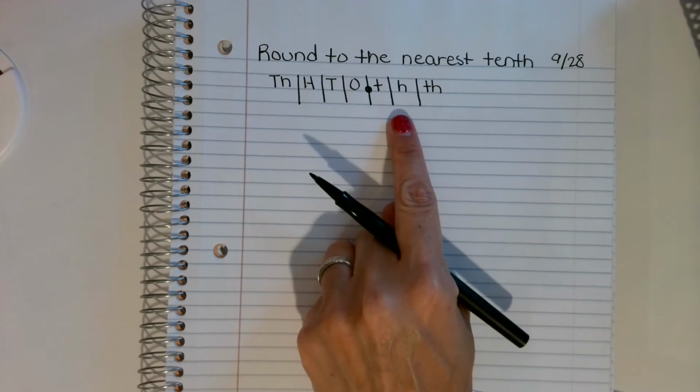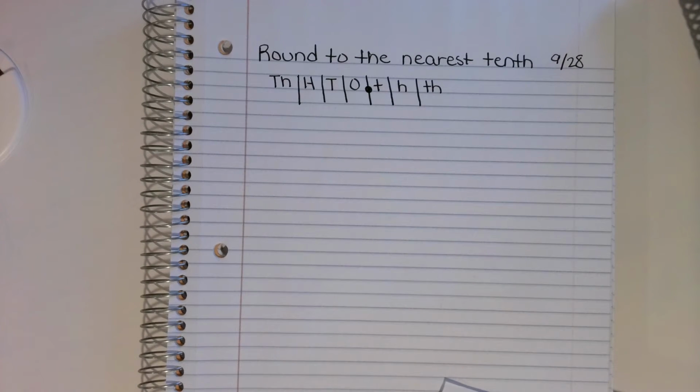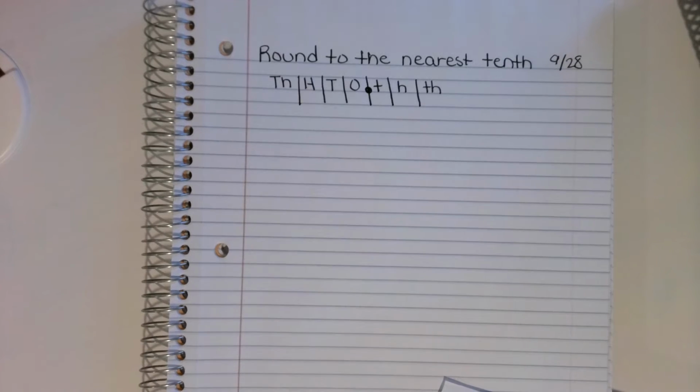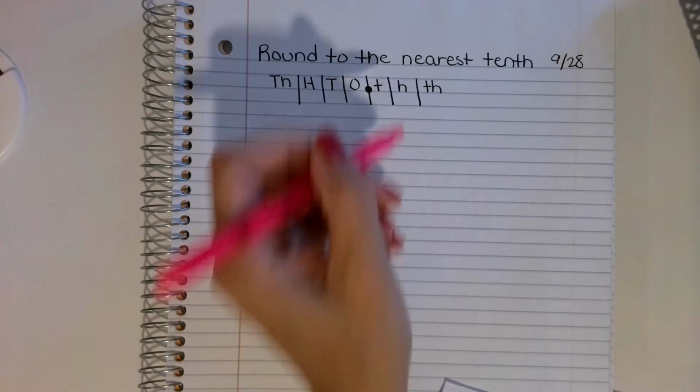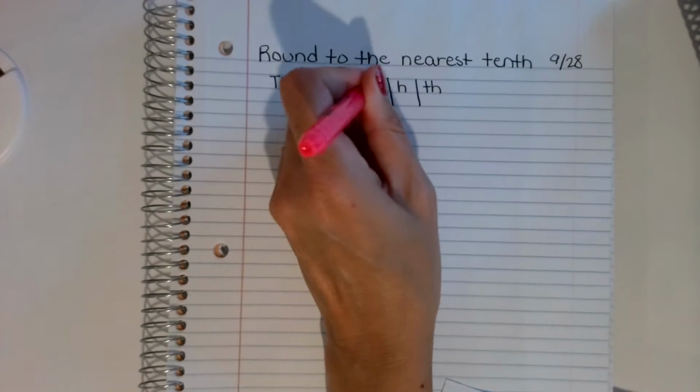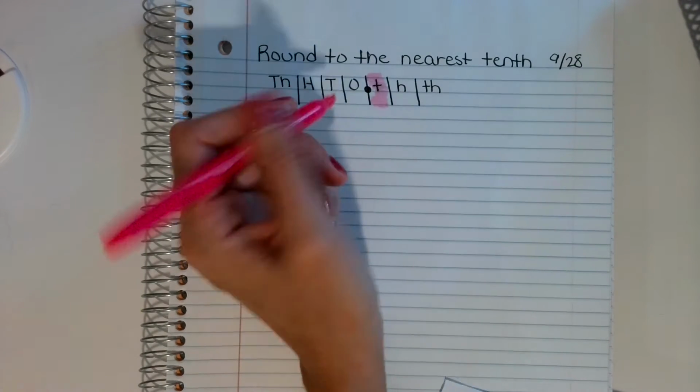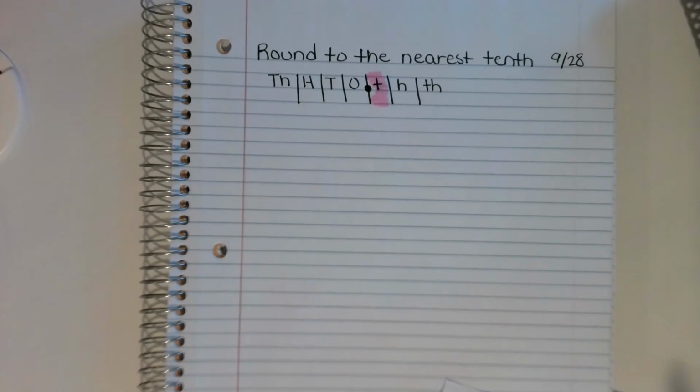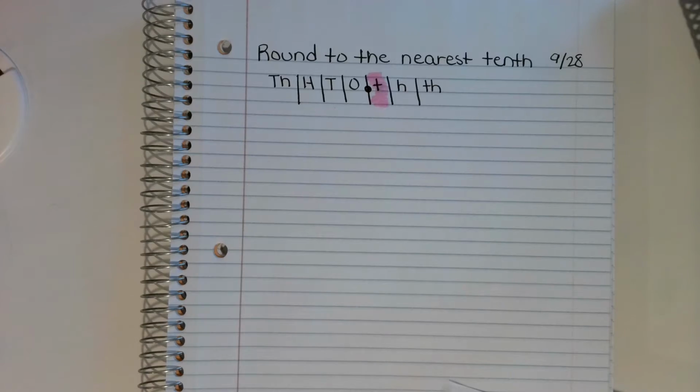All right, so your tenths are right here. Let me find a highlighter here. Okay, so these are your tenths. It's the first place to the right of the decimal. First place to the right of the decimal.